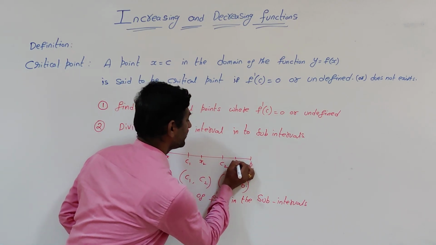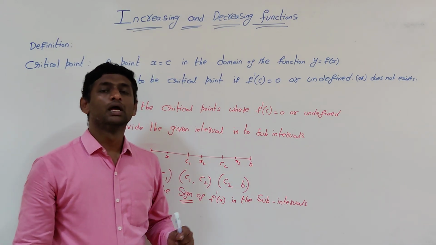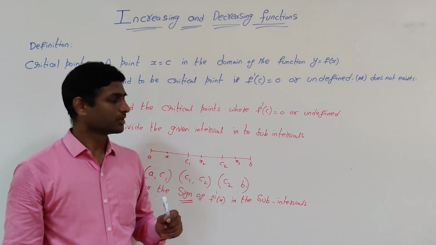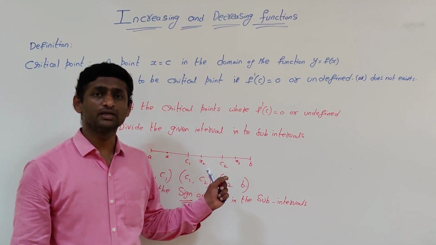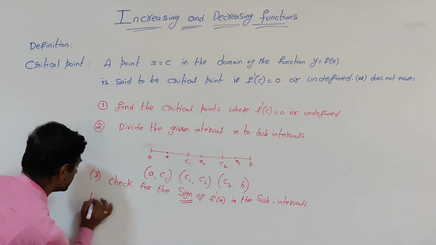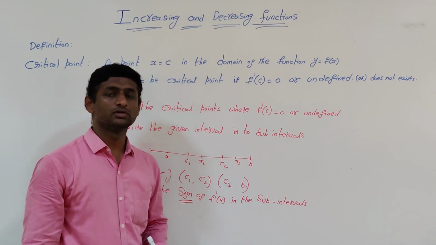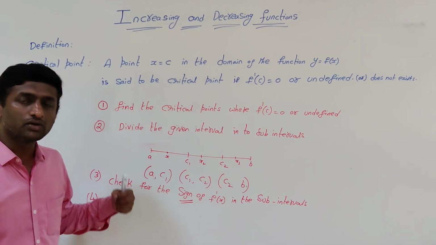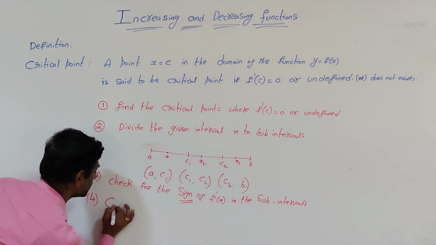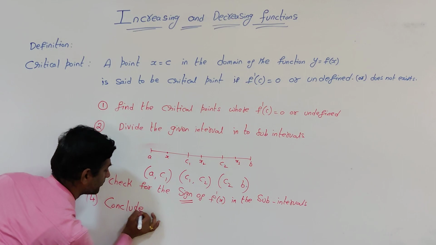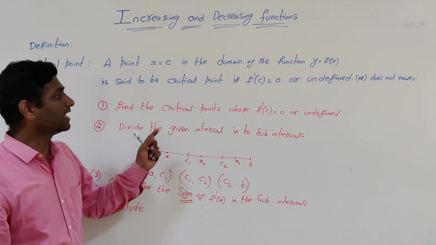Again, suppose x3 is a value between c2 and b, then f dash of x3 is greater than 0, so we can say it's a strictly increasing function. So based on the sign of the derivative in the subintervals, we can conclude whether it is increasing or decreasing. That is the conclusion. So based on these 4 steps, we will proceed.